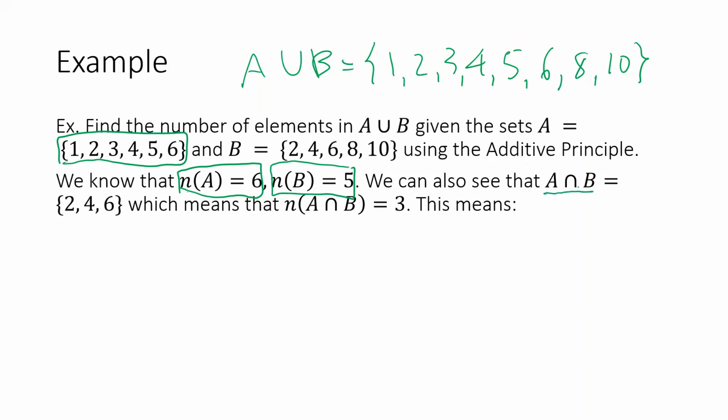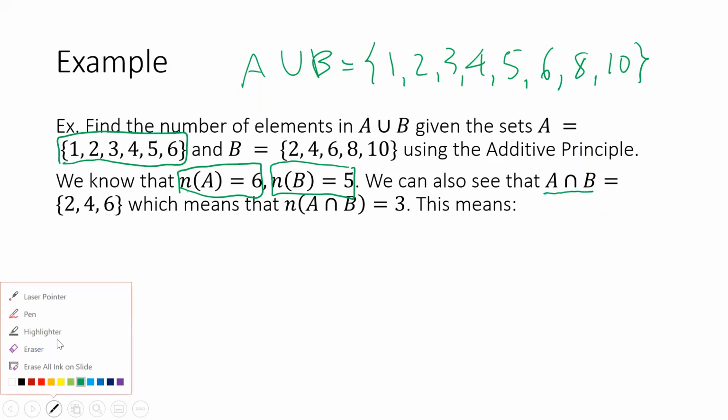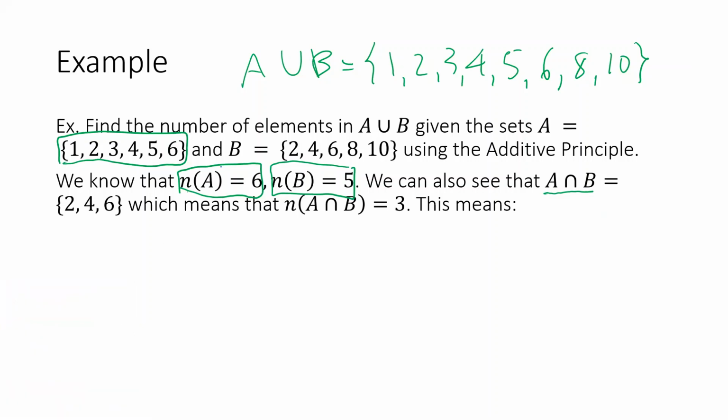So let's look at our list here and figure out how many elements are repeating. We notice here that we have 2, 4, and 6 that repeat in both A and B. So that means that the intersection of A and B is 2, 4, and 6. So the number of elements in the intersection is 3.